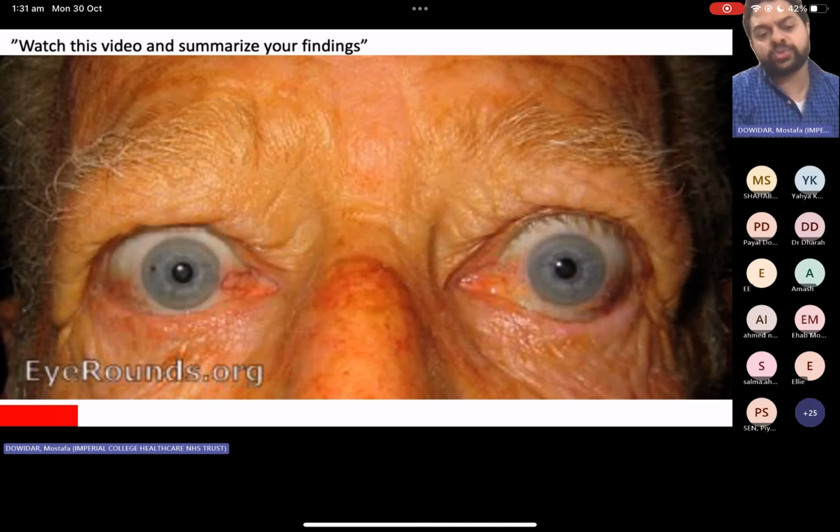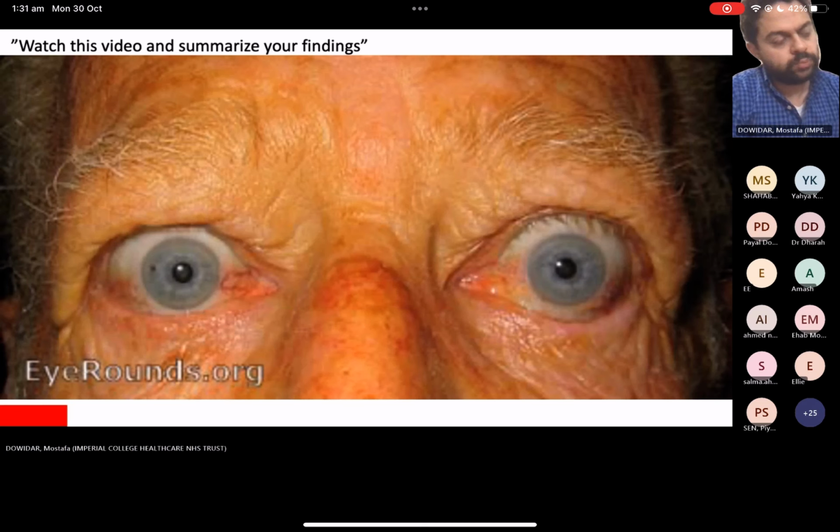What would be your management in this case if the patient has lost vision in one eye? What would you do? What would you check for? If the patient lost vision in one eye, check for the visual function as I mentioned in the beginning: vision, color vision, and pupil reaction to light.